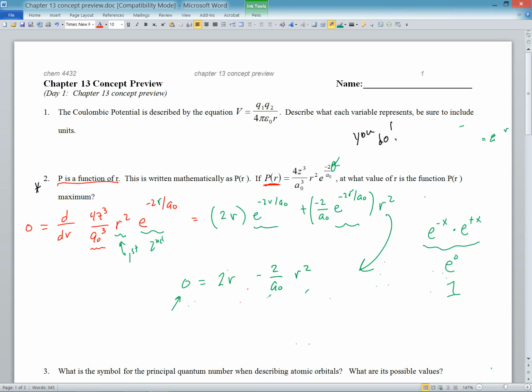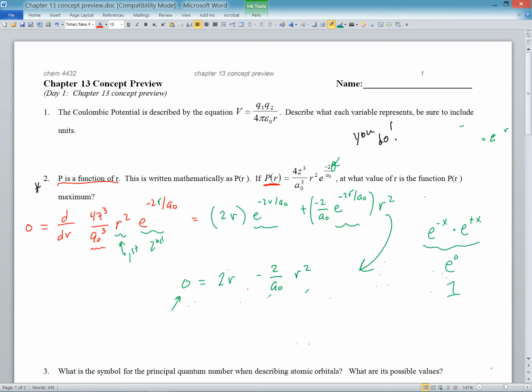Times 0, you get, take this times e to the positive 2r over a naught. You get 2r times e to the 0, which is 1. So we should probably write a 1 here, but take this times the same thing. All you're left with is the negative 2 over a naught r squared times 1.